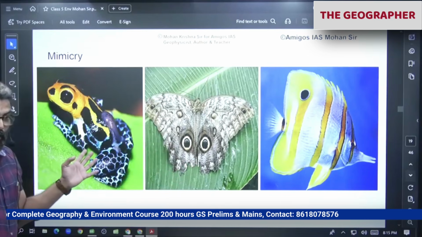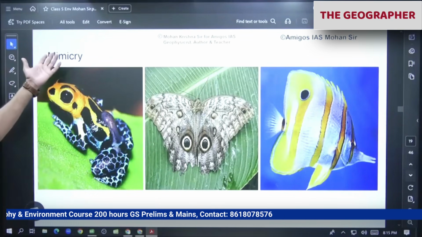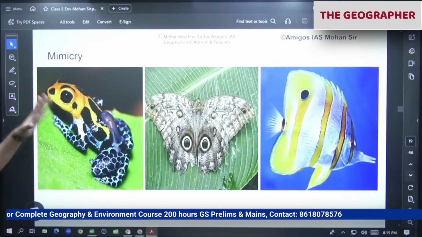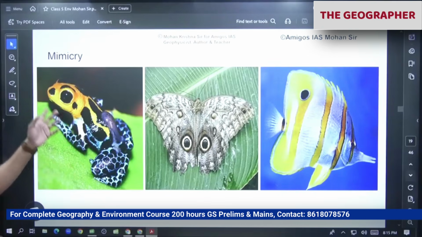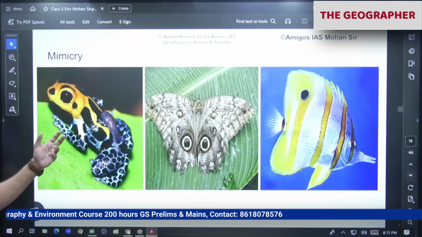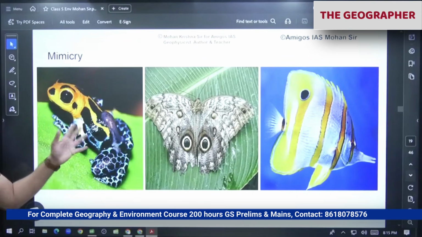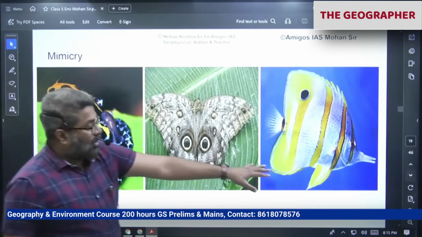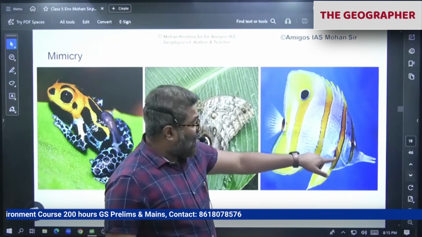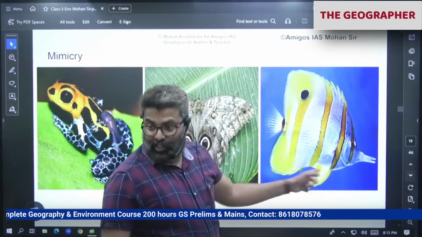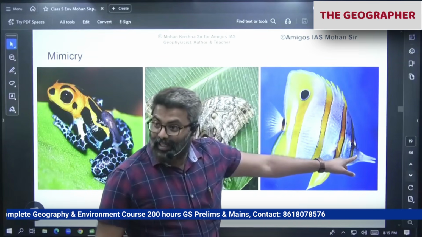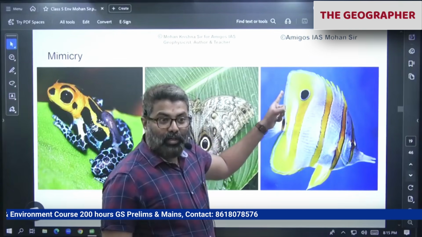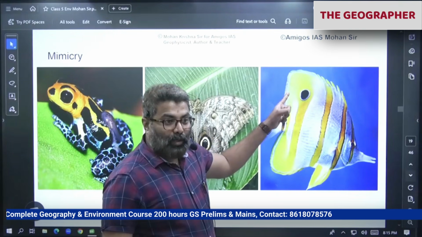This is another frog species, which is so similar to the poisonous frogs, but it is not poisonous. It just shows different colors to suggest that it is venomous. That's how it tries to survive. Here also, you can see this fish, like a lionfish, with an eye spot. The real eye is here, but it has a fake eye elsewhere.